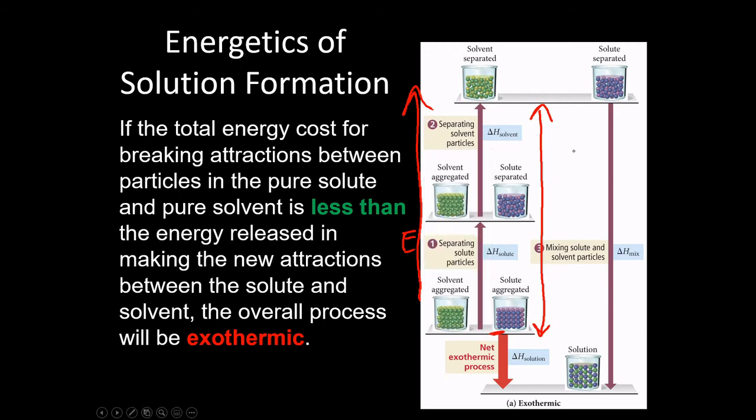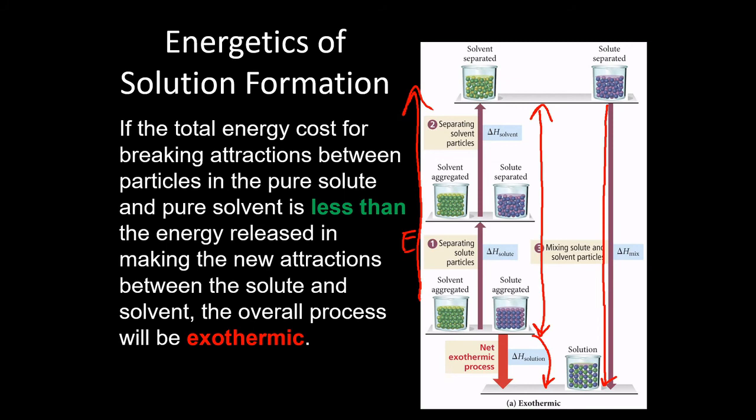And so if we go up from here to separate them, and then when we put them back together, if we get more energy back than we had to put in to break them apart, then overall the process goes down in energy, which will be a net release of energy, which is an exothermic process. So this would be a hot mixing process.